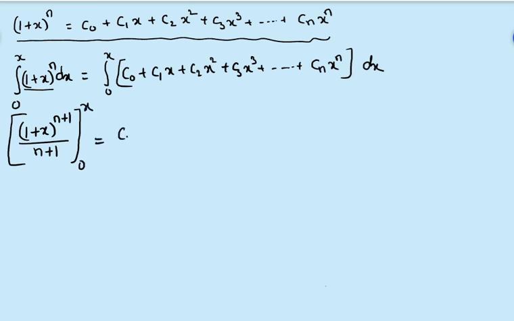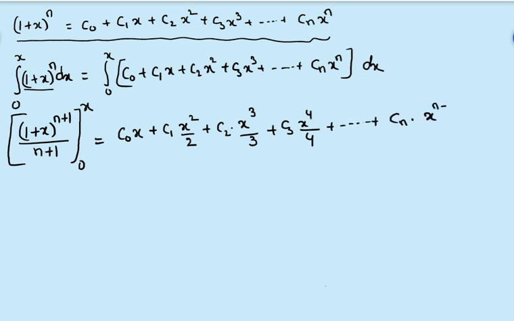Now c0 integration is c0 into x, c1 into x integration is x square by 2, plus c2 into x square integration is x cube by 3, plus c3 into x cube integration is x power 4 by 4, plus and so on plus cn into x power n integration is x power n plus 1 by n plus 1. Limits are from 0 to x.